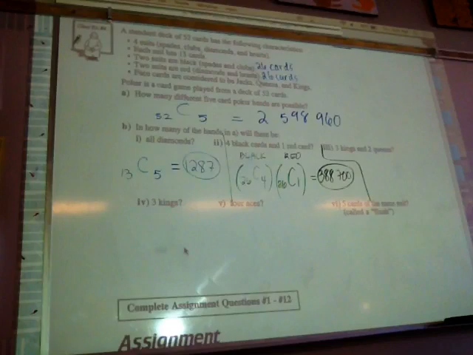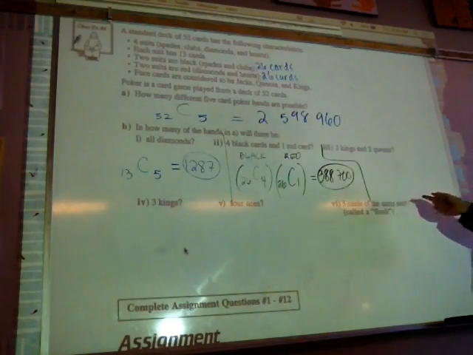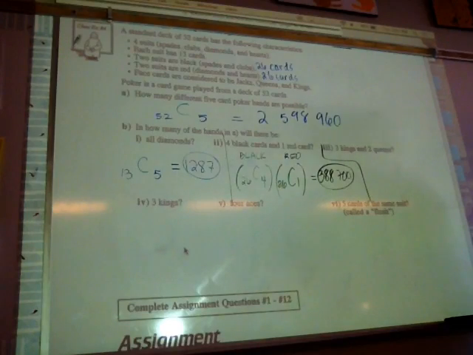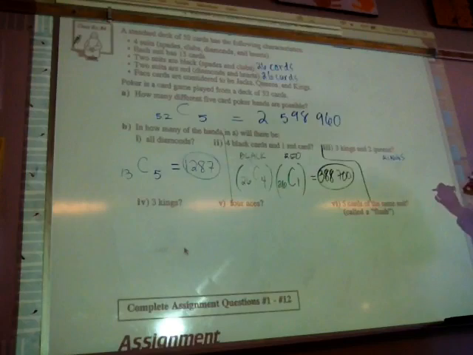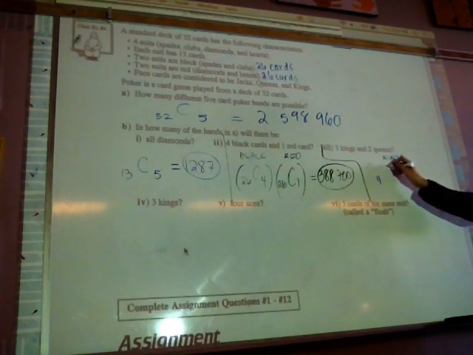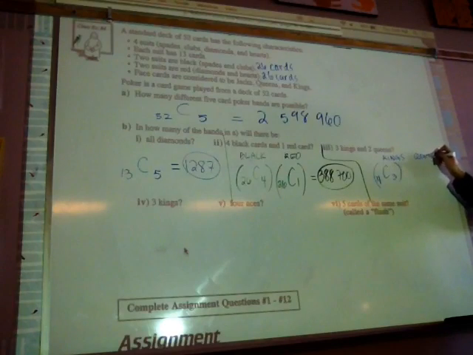Next scenario, we need 3 kings, 2 queens. So let's look at if we had kings. How many kings in a deck? 4. Out of those 4, we're going to choose 3 of them. Okay, and for the queens, there's 4 in a deck, we're going to choose 2 of them.